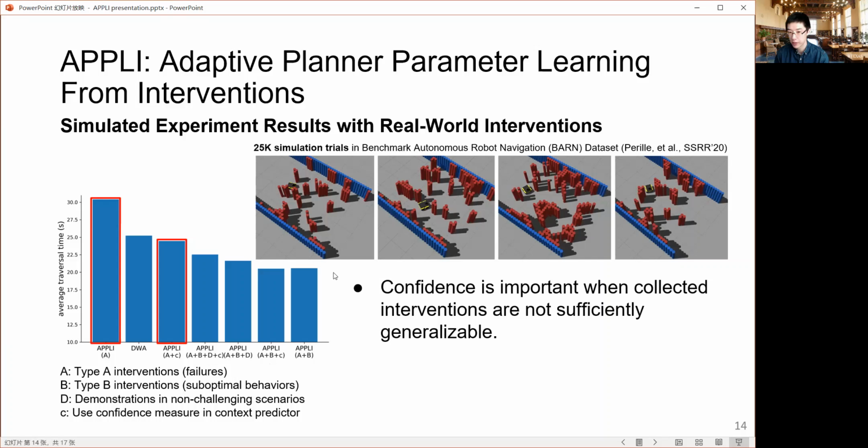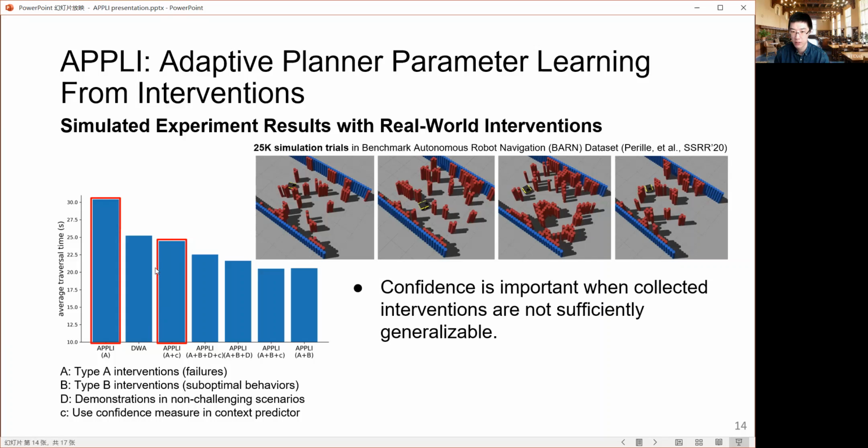However, if we see using context confidence measure or not for 4 interventions or even the full demonstration, it seems the confidence measure doesn't make a difference. So it seems that the confidence measure is very important when the collected interventions are not sufficiently generalizable.